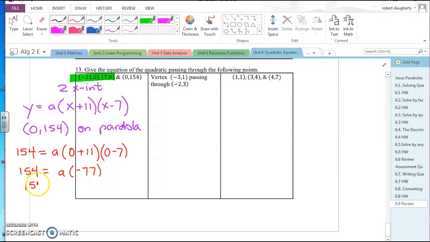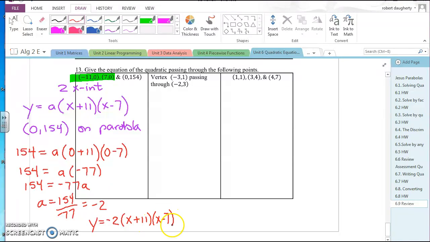So 154 equals negative 77a. A is equal to 154 over negative 77, which is just negative 2. So I'm almost there. Final answer, y equals negative 2, x plus 11, x minus 7. So that is the first equation.